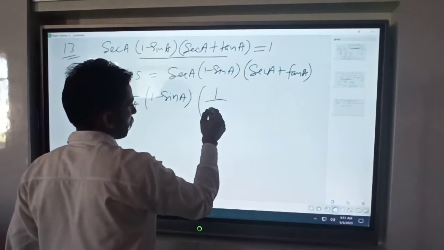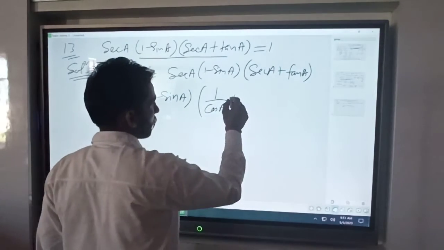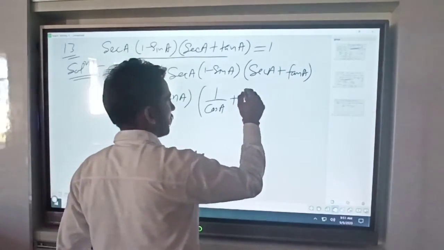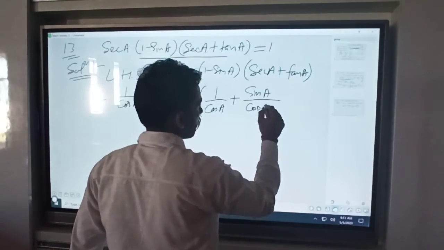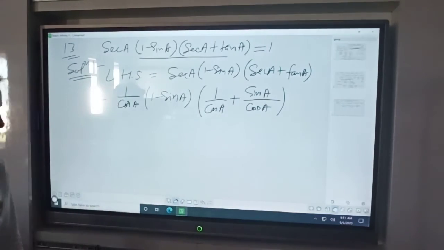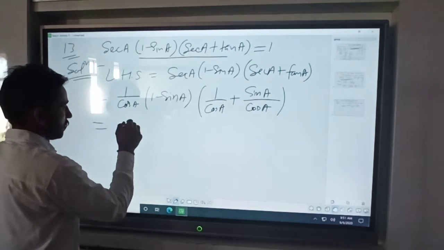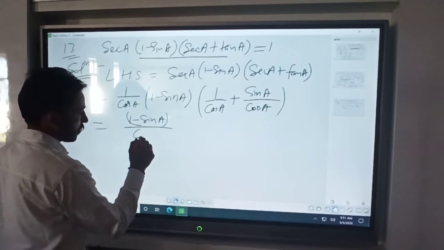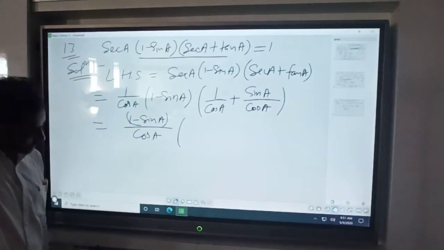We know it is 1 upon cos A plus tan A. Tan is sin over cos, therefore it becomes sin A over cos A. Now taking LCM and solve this, it becomes 1 minus sin A over cos A. Now this is the cos, both का denominator क्या है?